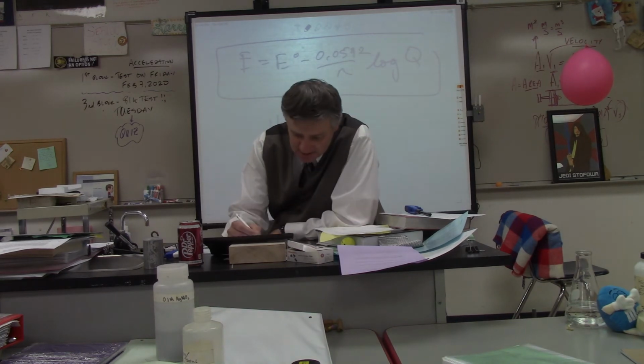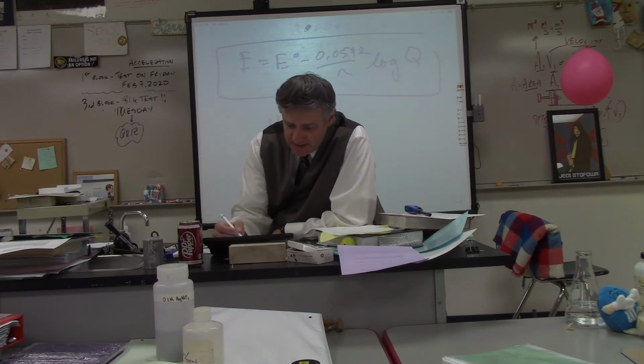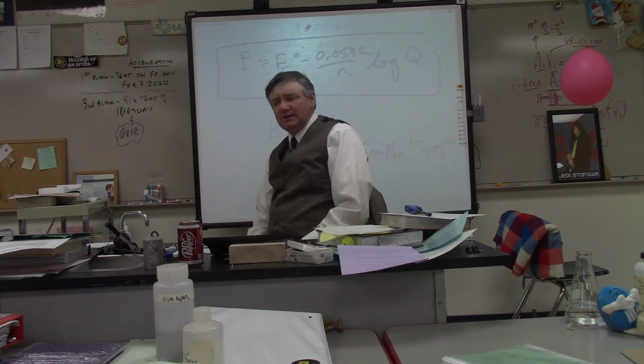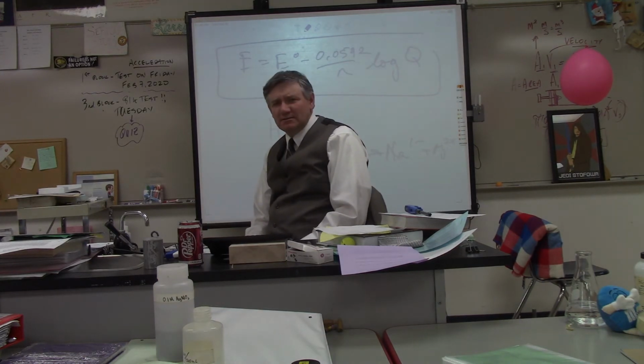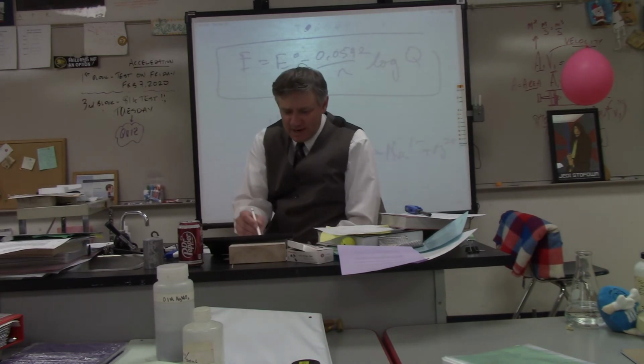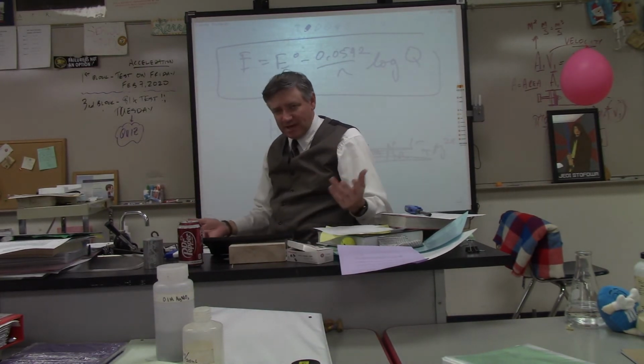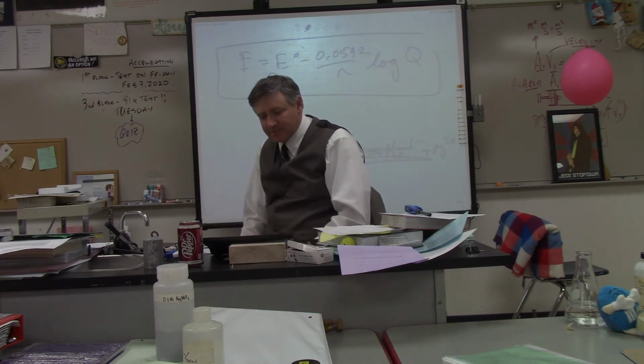Is there a chance that if you react Na with magnesium, it would form Na1 minus and Mg2 plus? Probably not. Categorically, no. You're not going to take two metals and turn one into an anion and the other into a cation.